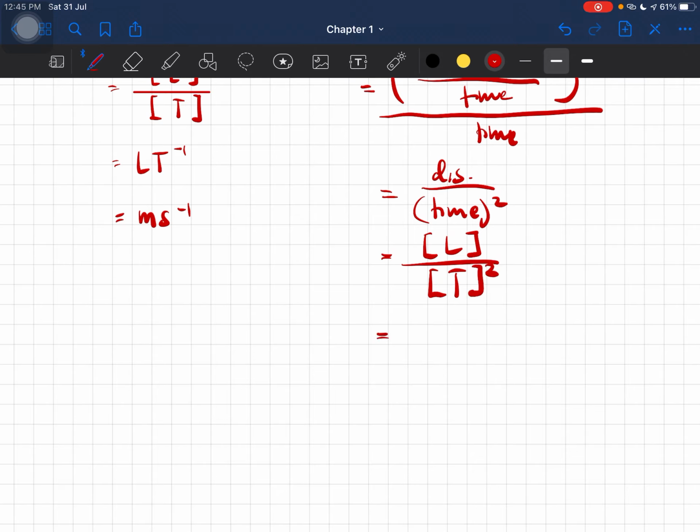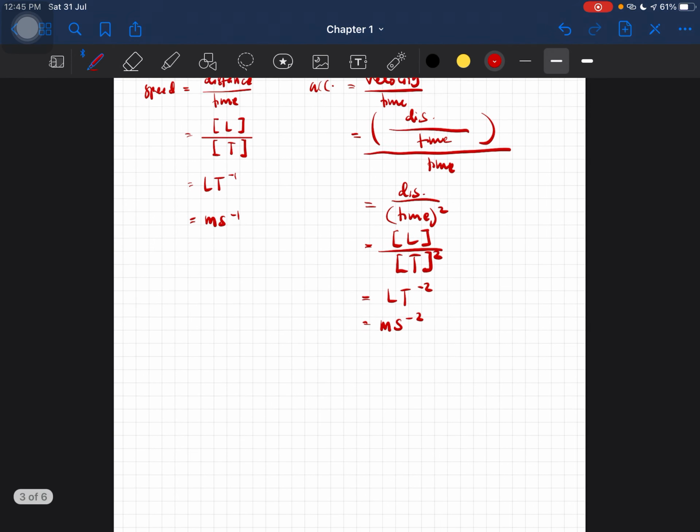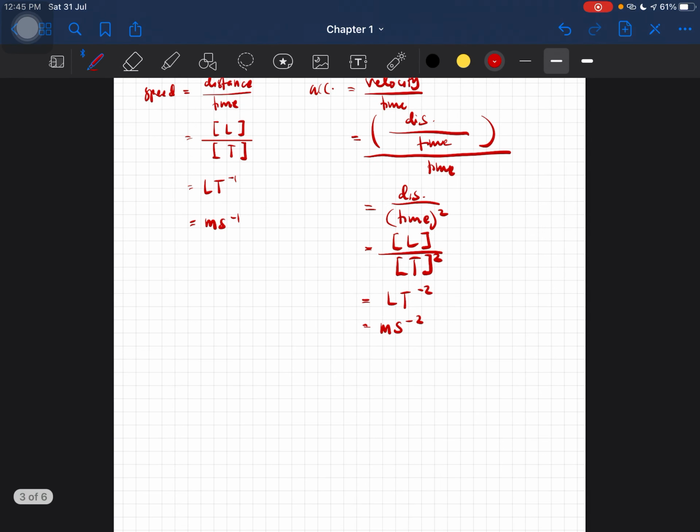Okay, so now we can write L T negative 2, then we get meter second negative 2. So that is the SI unit for acceleration.